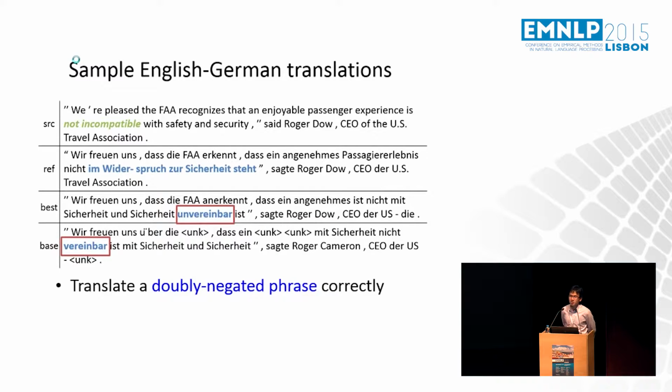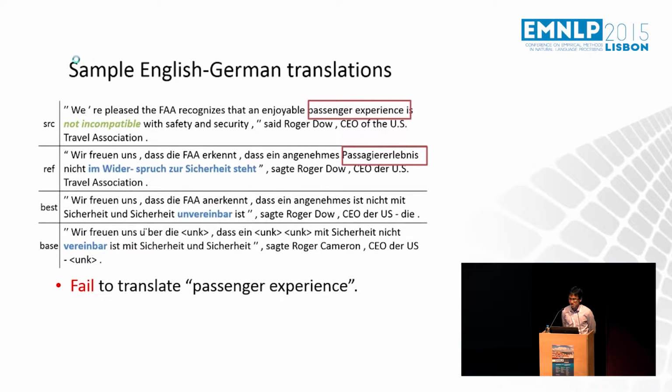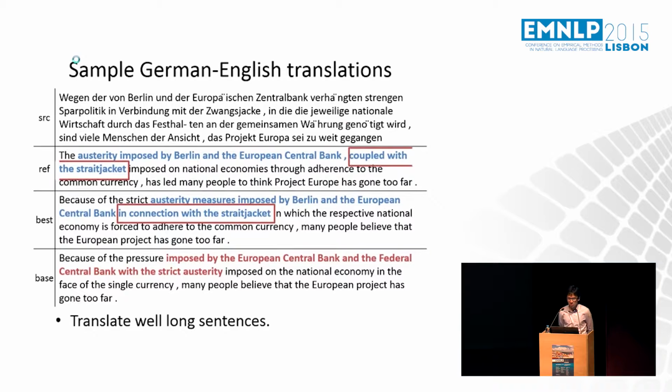If you're wondering what the human translation of this phrase is, it's actually a very fancy one with 6 different words in blue up there. We also noticed that the models sometimes fail, like when it translates the phrase passenger experience, it missed that phrase entirely in the translation. Lastly, I'm glad I'm translating into English as well so that I can understand some of the translations.